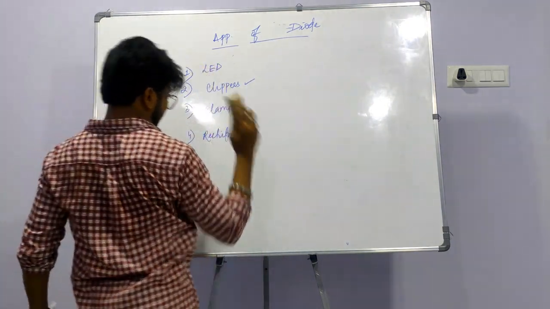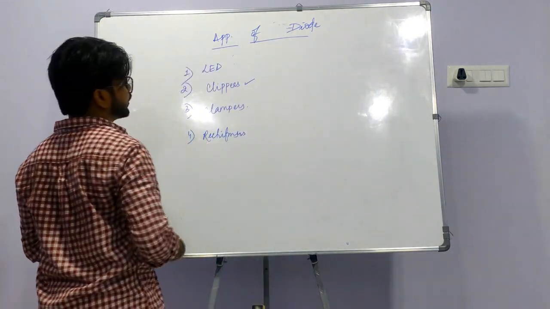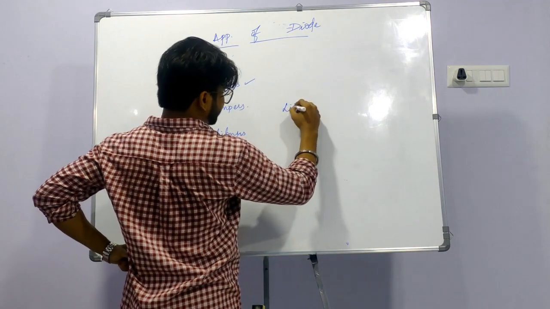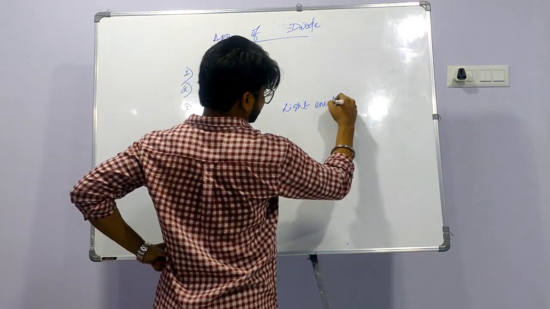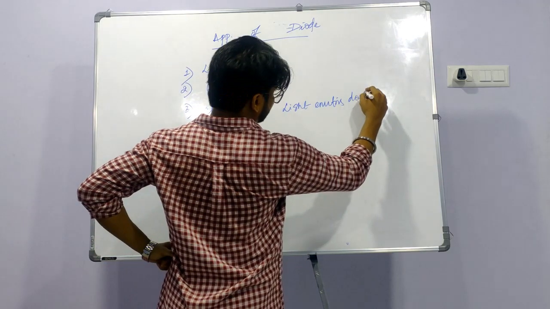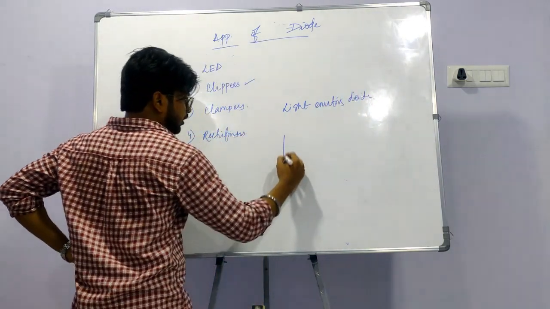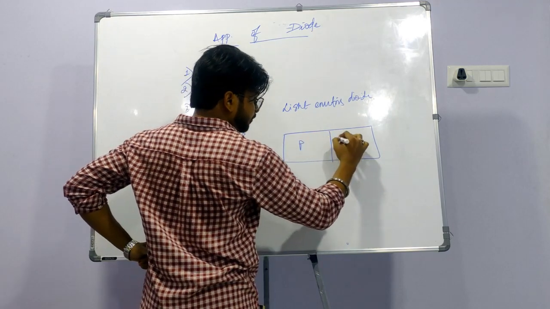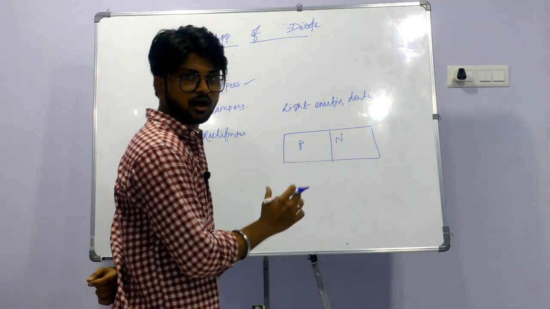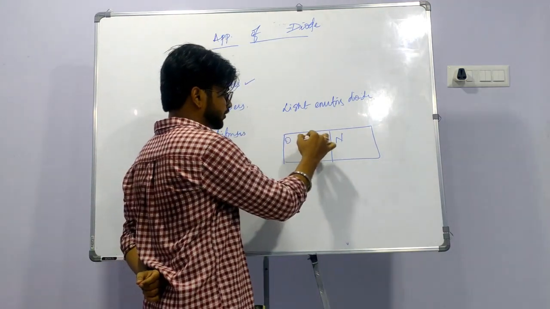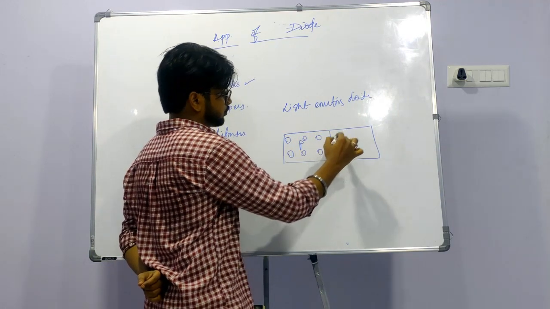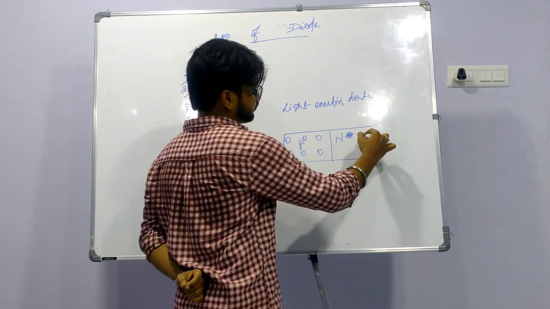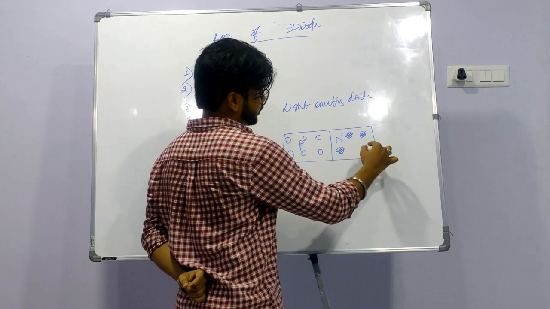Moving on to LED. So what is an LED? LED is a light emitting diode. Normally in a PN junction or a diode, the P half of the semiconductor comprises holes and the N type comprises electrons.